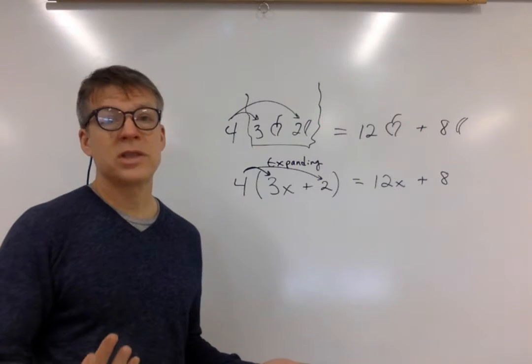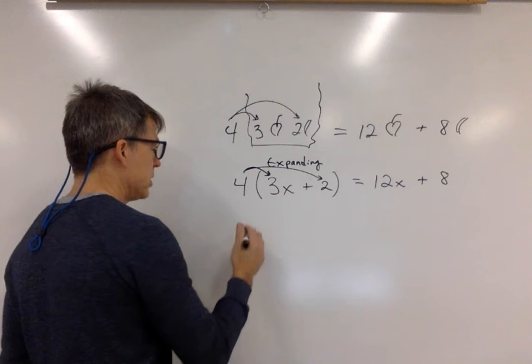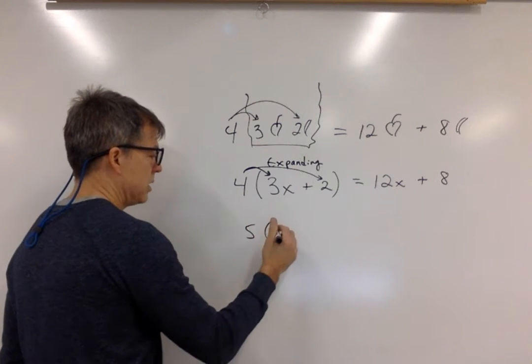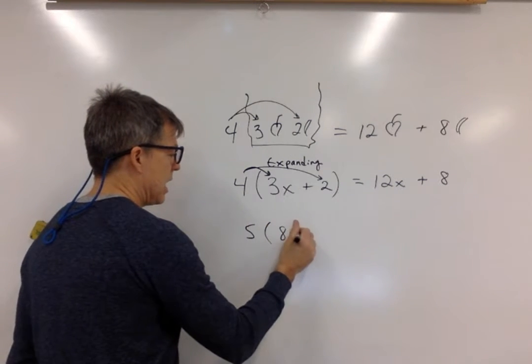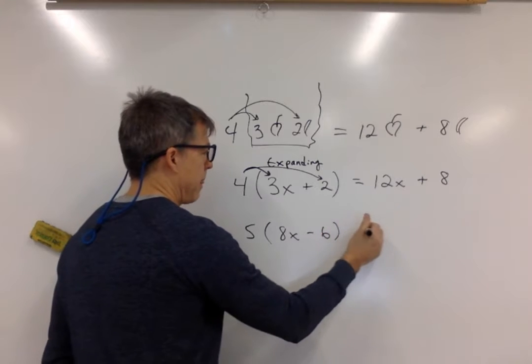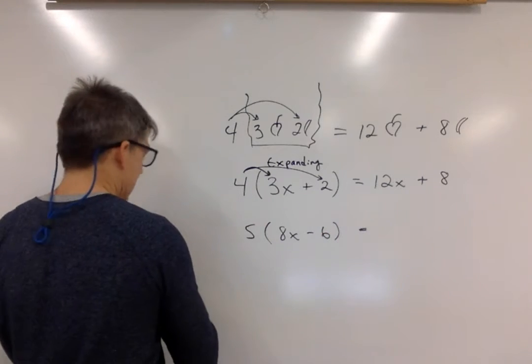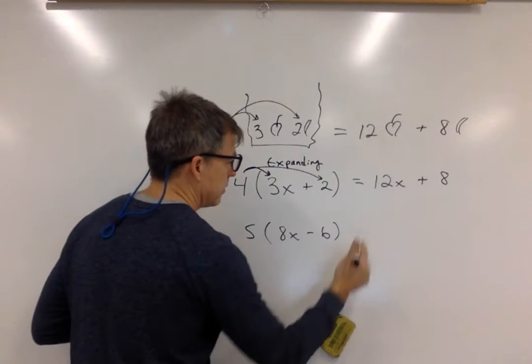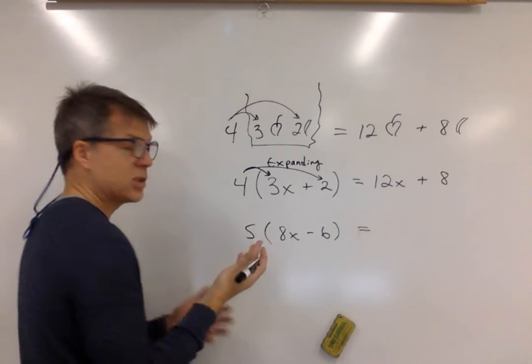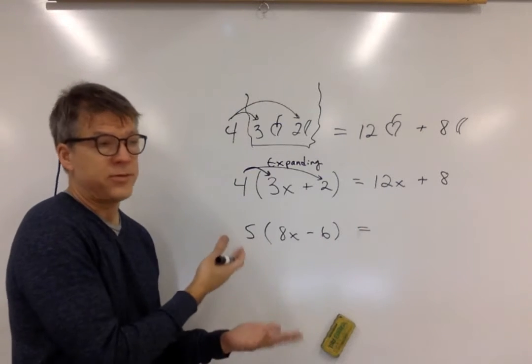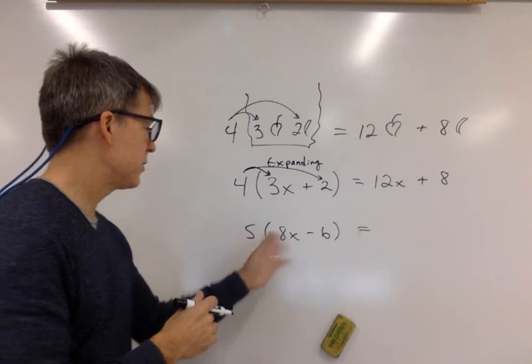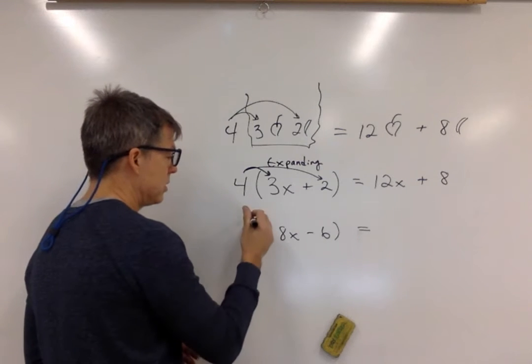I mean, sometimes you'll see negatives, like try this one. 5, let's go with 8x minus 6. If I tell you to expand that, just do the same thing. You got a grocery bag, 5 of them in this case, and you got the stuff inside. Same method though.